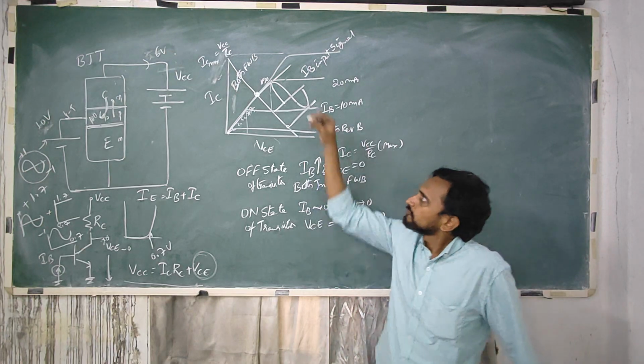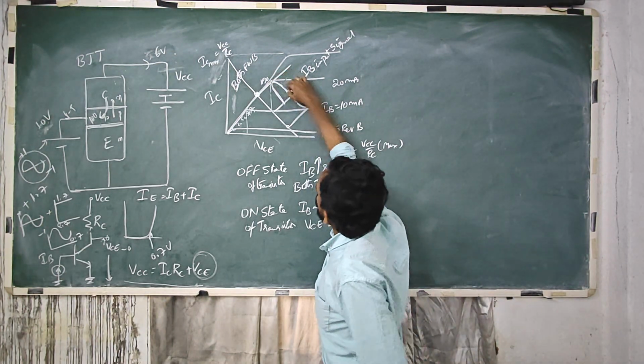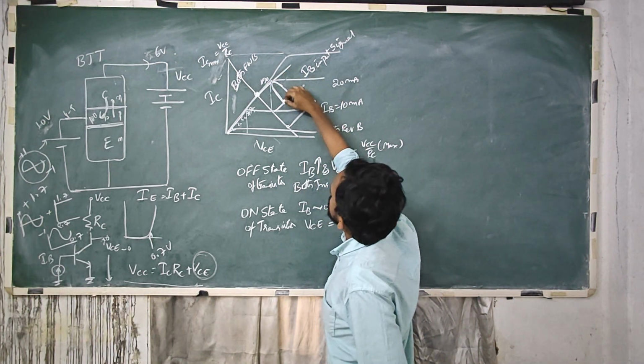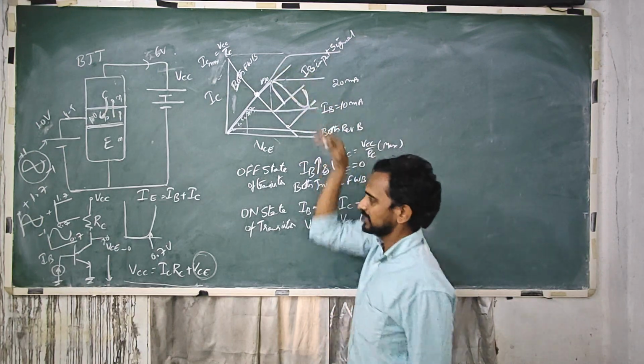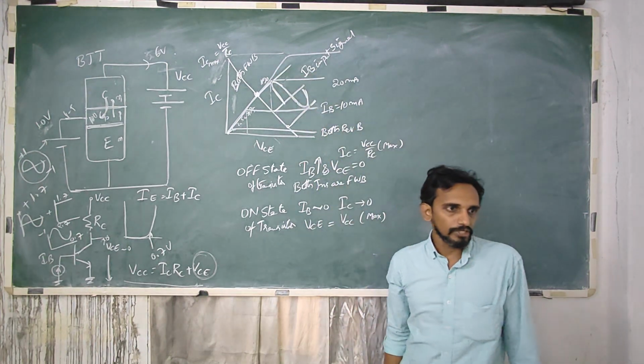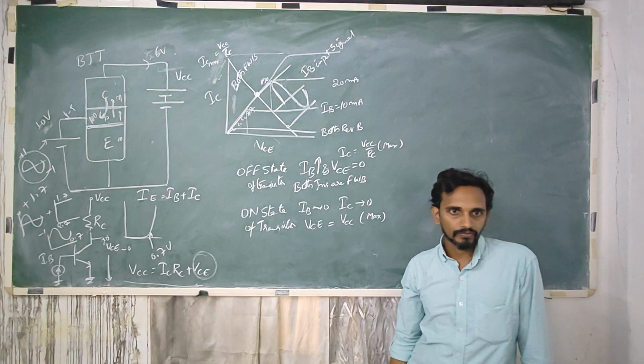Now there is a variation in the value of IB, rising and falling.